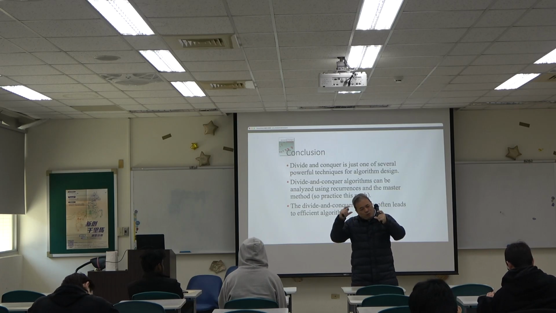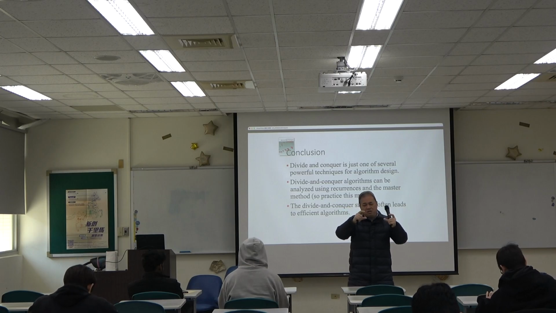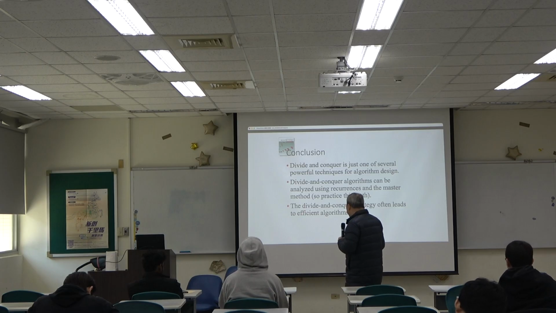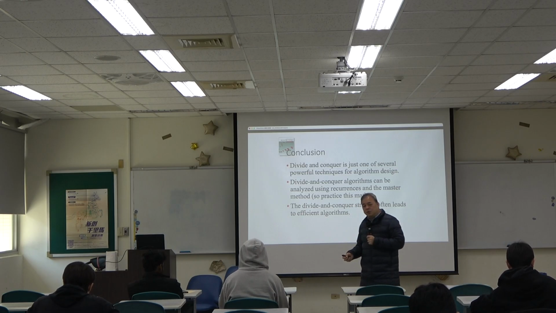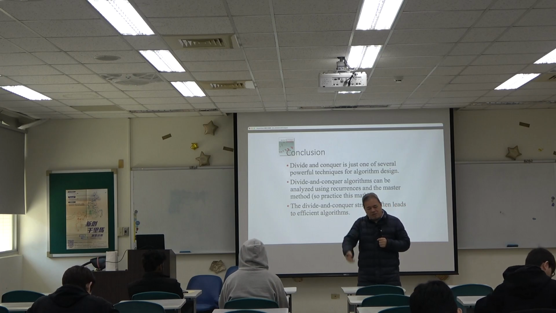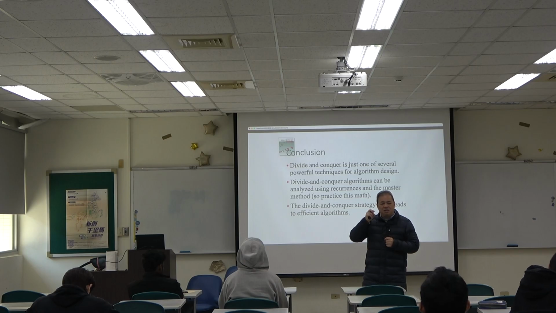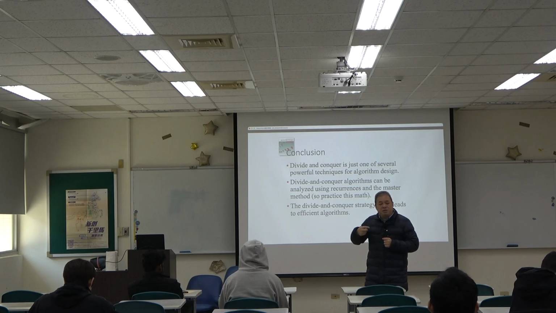You should just do one recursive call and then square the result, instead of calling the recursive call twice and multiplying the results. You need to be careful when you convert your divide and conquer strategy into a real program. A lot of times the concept may be correct, but if you don't write it correctly, you lose the benefit that the divide and conquer algorithm brings to you.